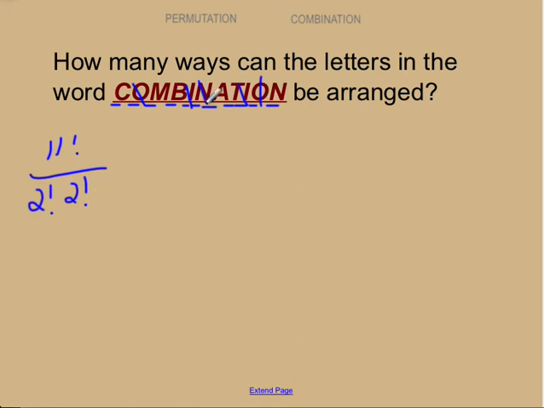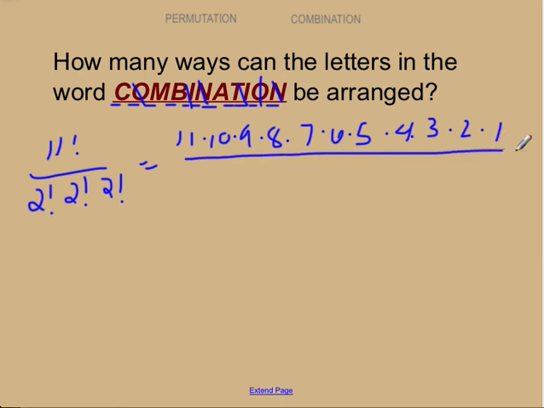And then I have 1, 2 N's, so I need to divide by 2 factorial again to account for the repeating of the N's. What I like to do for these is instead of canceling things out, I just multiply them out. So I went through and multiplied this whole long crazy factorial out in my calculator. And then 2 factorial times 2 factorial times 2 factorial is really just 2 times 2 times 2.